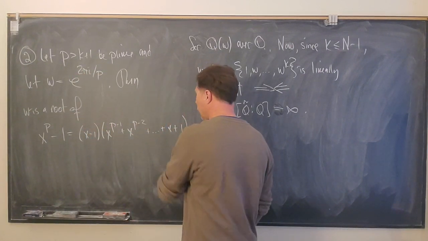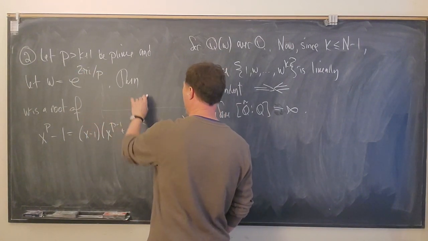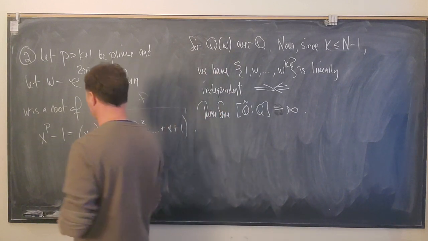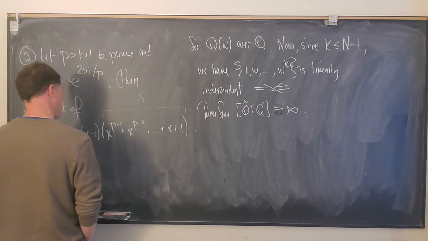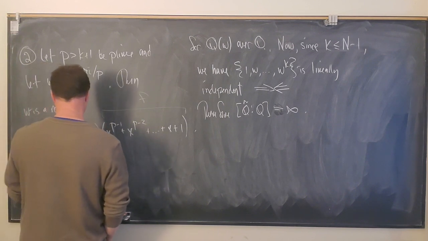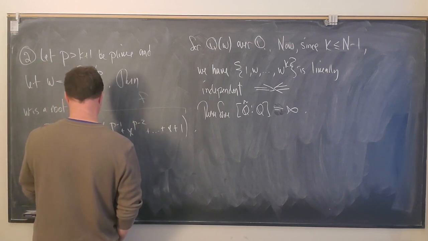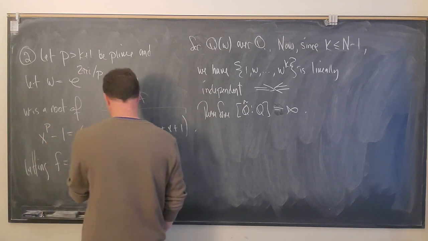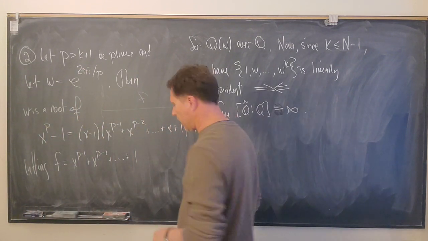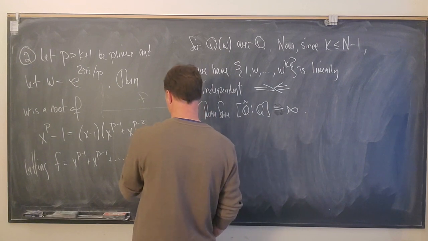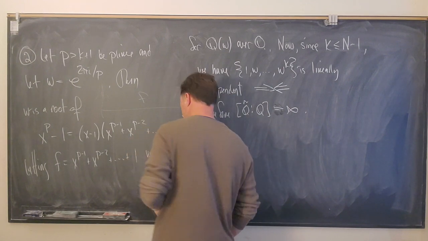Now, I'm going to call that polynomial f. So letting f equal x to the p minus 1 plus x to the p minus 2 plus dot dot dot down to 1, we know, and now you need to think back.